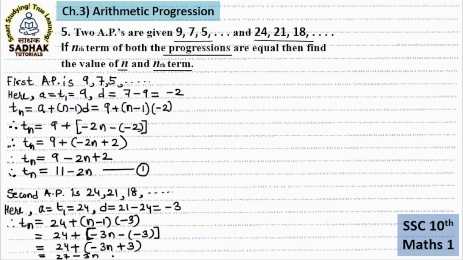Let us say that is equation 2, the Tn for the second AP.